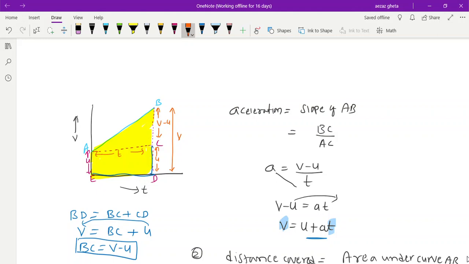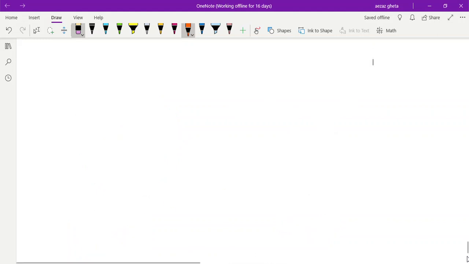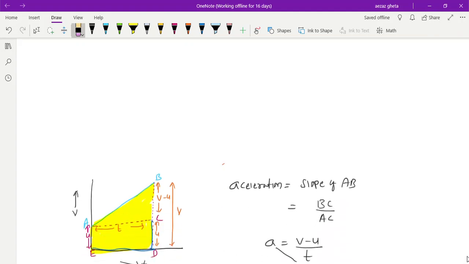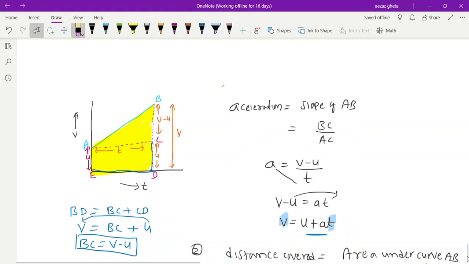I need a figure, so I have to erase this.